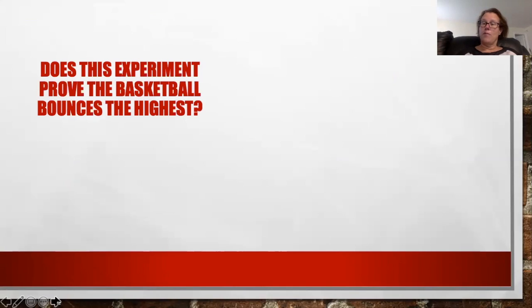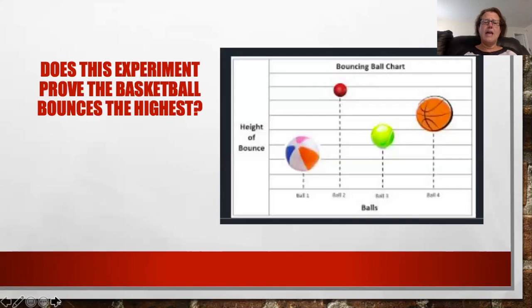Let's look at another experiment that we haven't already looked at all last week. Does this experiment prove the basketball bounces the highest? Is the basketball bouncing the highest? The basketball, for those that don't know, is the orange ball all the way on the right. Did that ball go all the way up, or is it the highest?